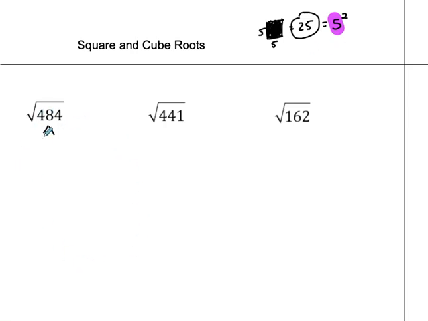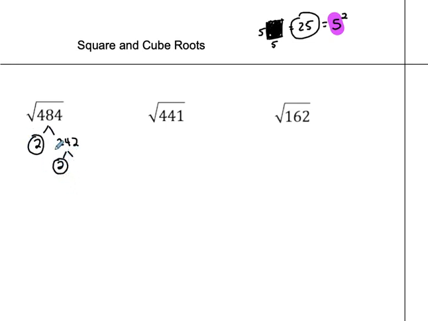If I look at the number 484, I don't know necessarily off the top of my head what I multiplied by itself to get me 484, but I can find the factors of 484 by just making a factor tree. This is an even number, so 2 has to go into it. So 2 goes into 484 242 times. Well, that's still an even number, so 2 must go into it again.